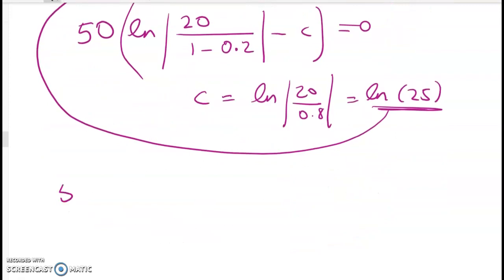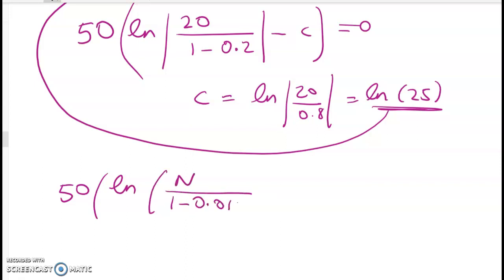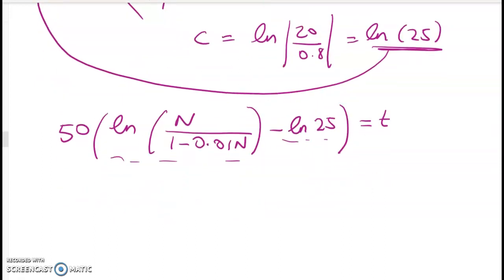We've got 50 times the natural log of n over this. And I can again simplify using my level 2 log rules.